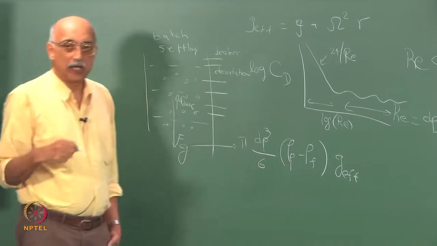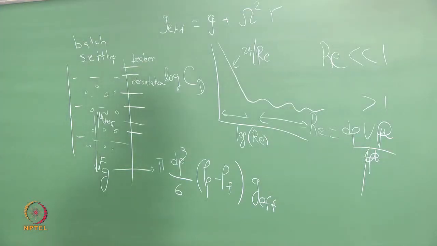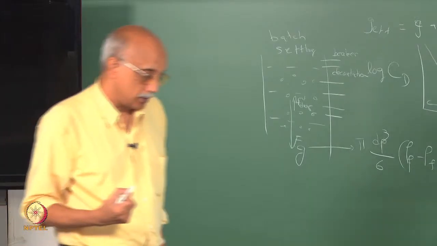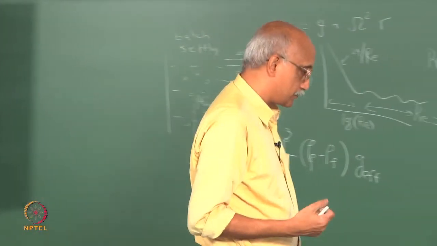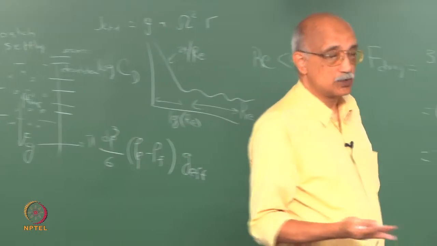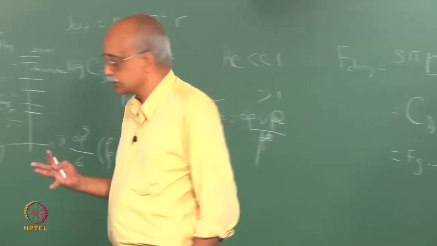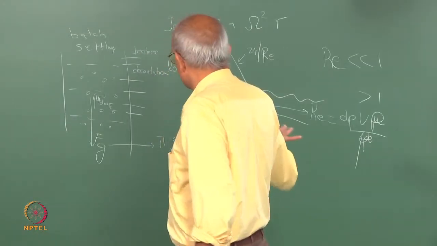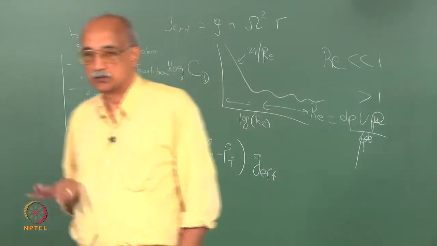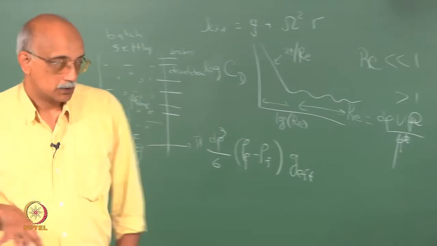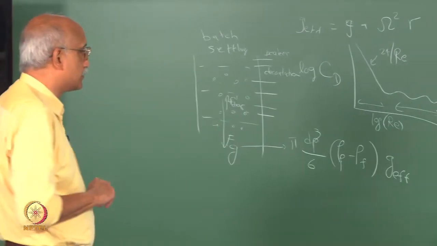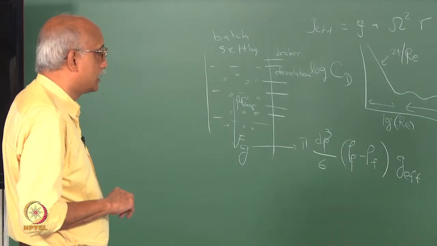So, the combination of batch settling and beaker decantation gives you a very effective way of not only analyzing particle size distribution, but also actually separating the particles by size. Okay? And the principle involved is again the balance between drag and gravity. So, it is fairly simple and straightforward.